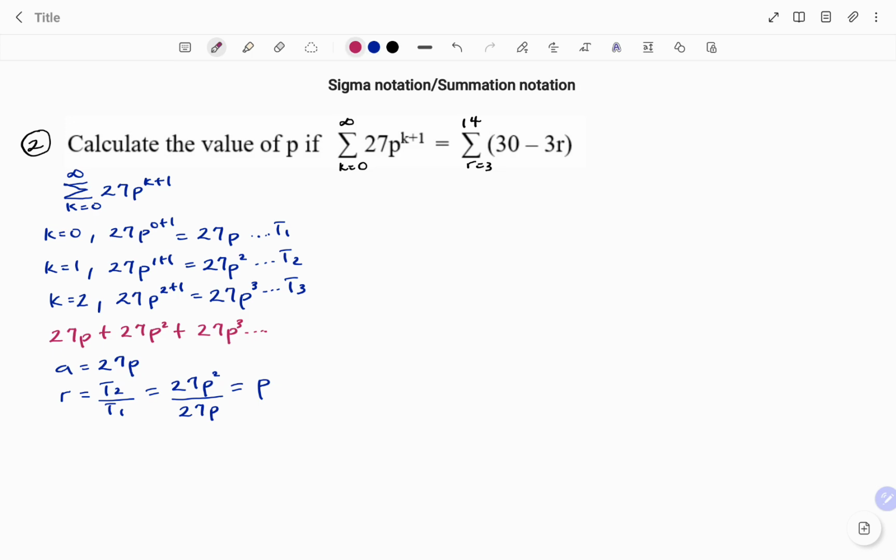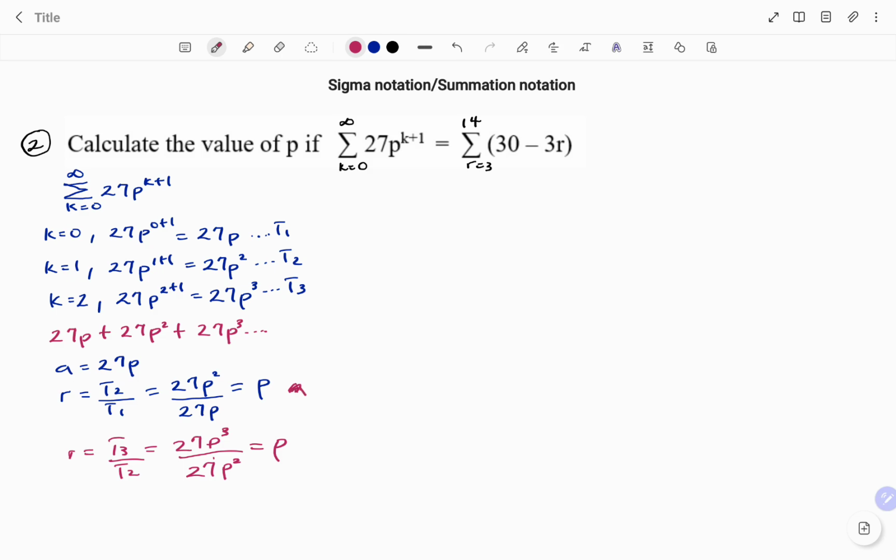A quick check to make sure that we have a common ratio: r must also be equal to t3 over t2, and that will be 27p cubed over 27p squared. If you divide 27 by 27, that's 1, and p cubed divided by p squared is p.